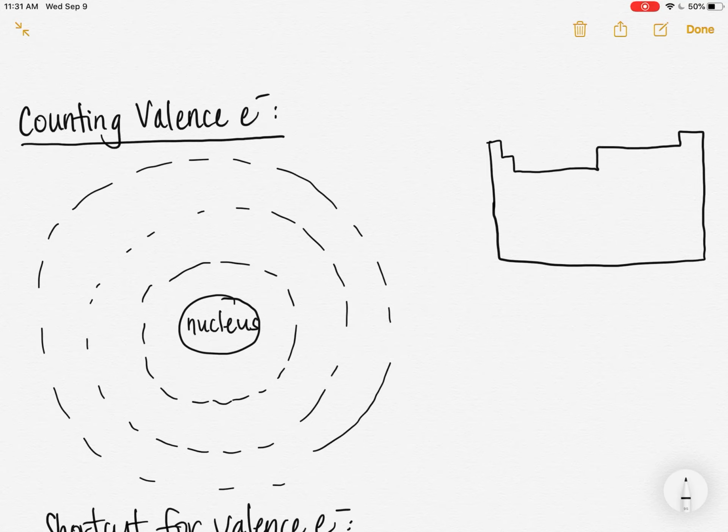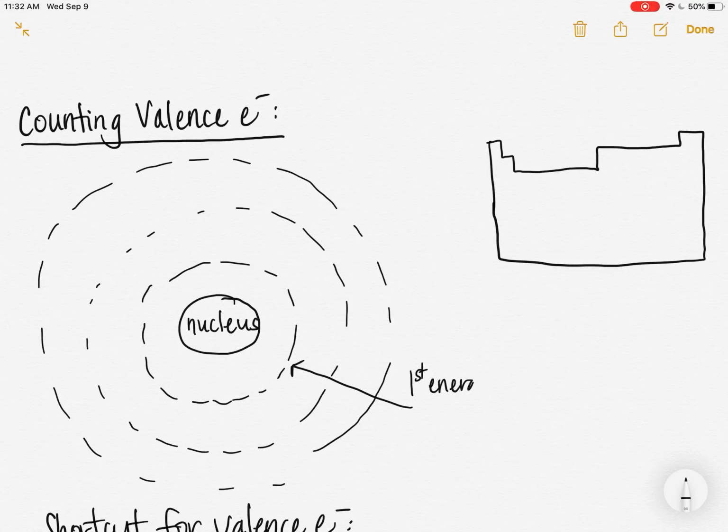Your previous science teacher may have even described them almost as orbits, like how planets orbit the sun. We're going to learn in chemistry that that's actually incorrect, but for a simplistic model, it does its job for our purposes now.